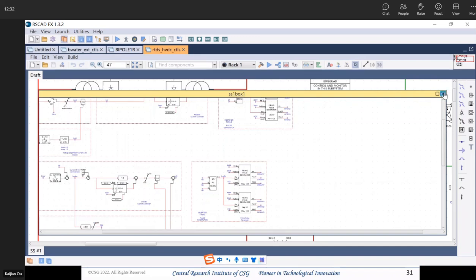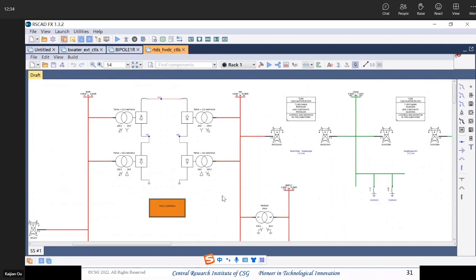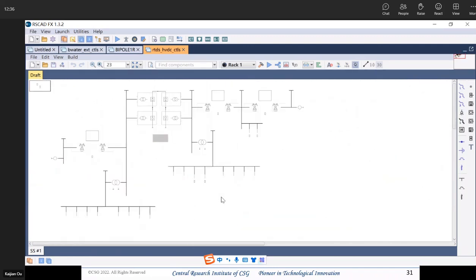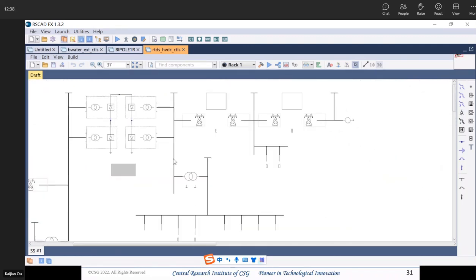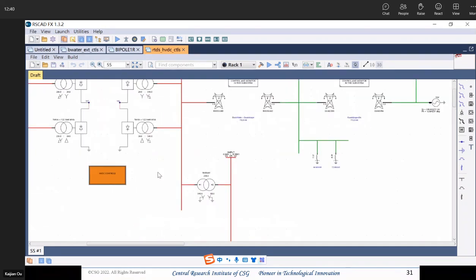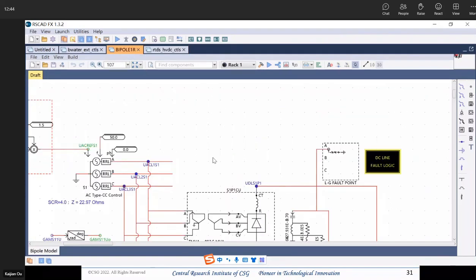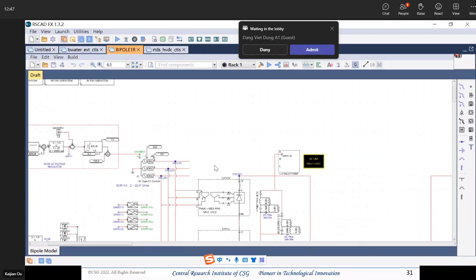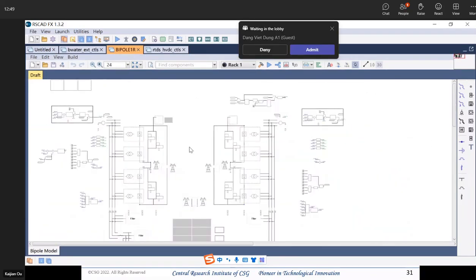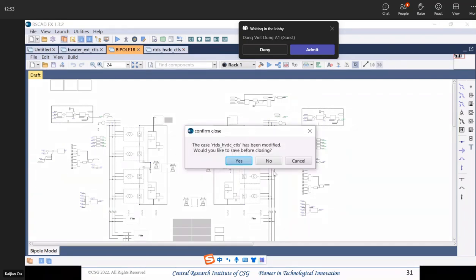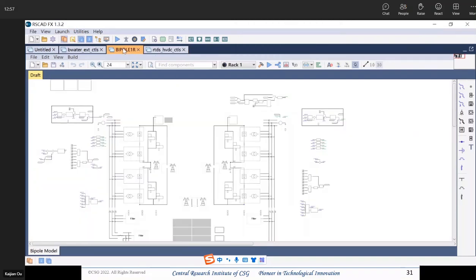So this is the RTDS. Another RTDS model here has the AC system and also the control. Another model is RTDS. You can see a bipole RTDS model. Another model, I will open this one.